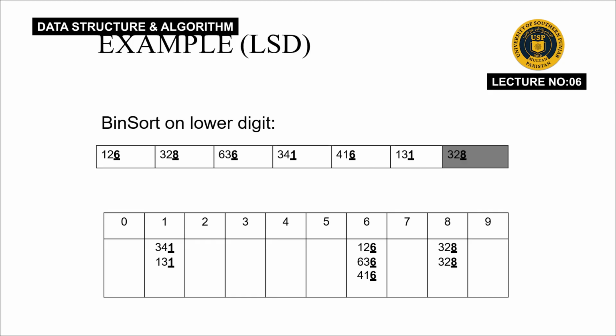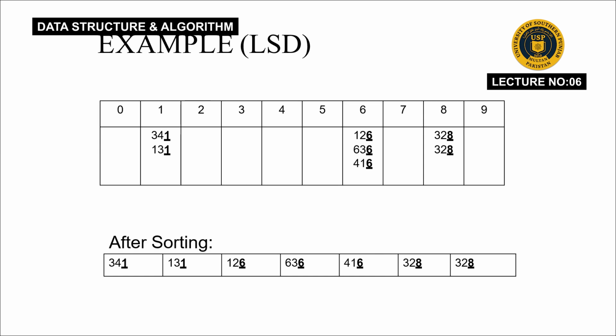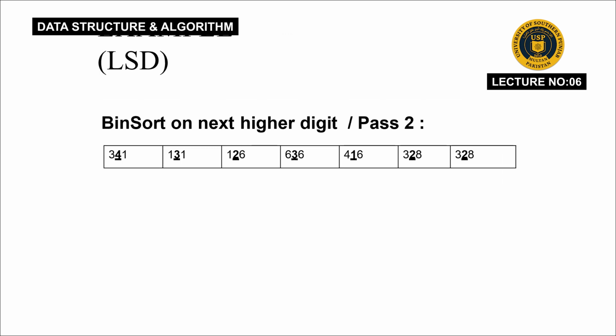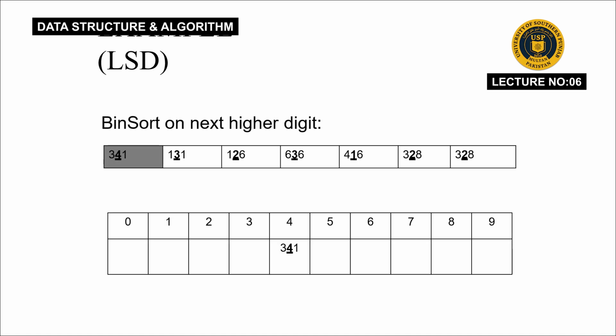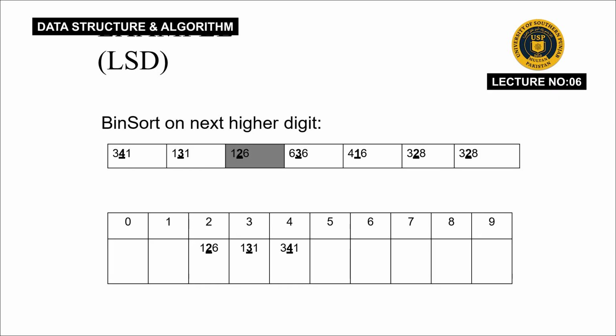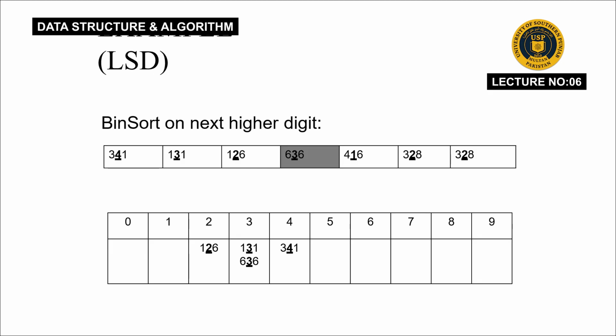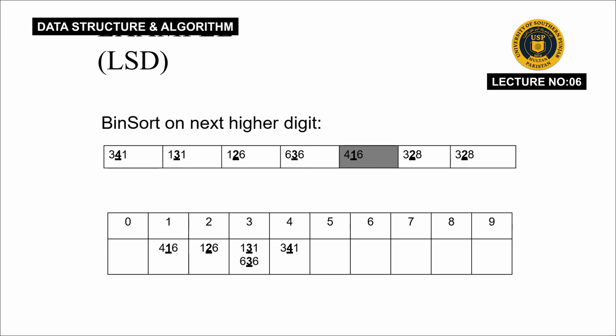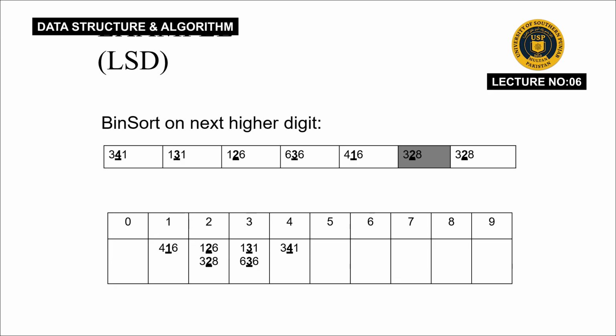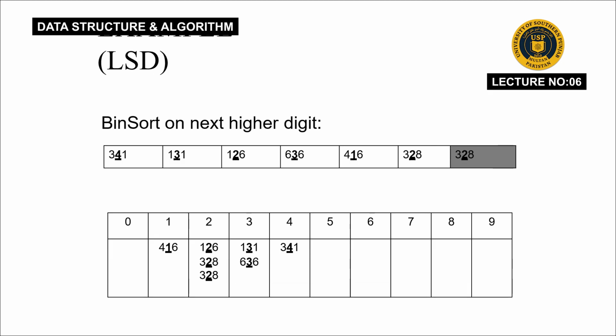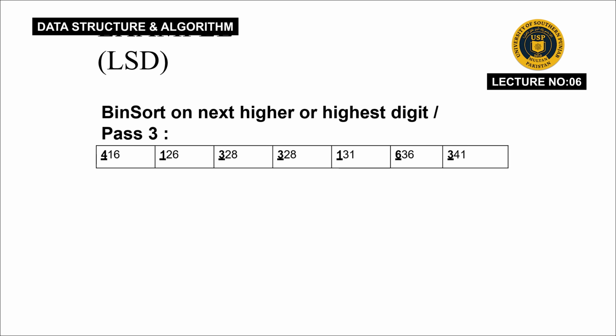Now we select the middle digit and place the numbers into the respective buckets. After collecting the buckets, we have the elements.